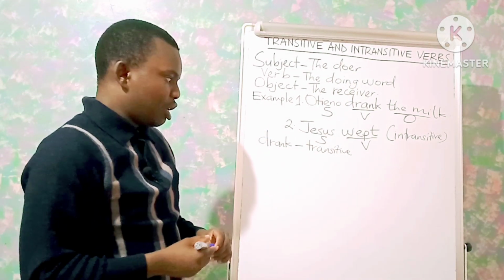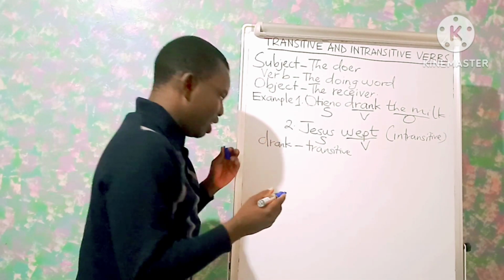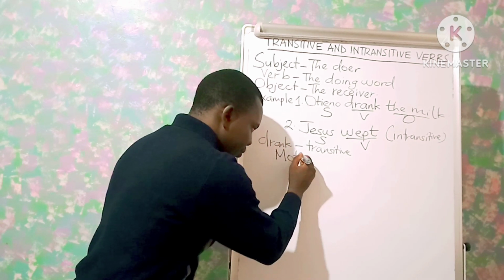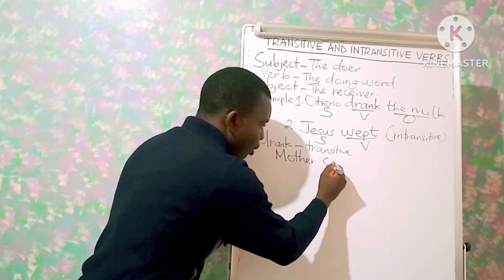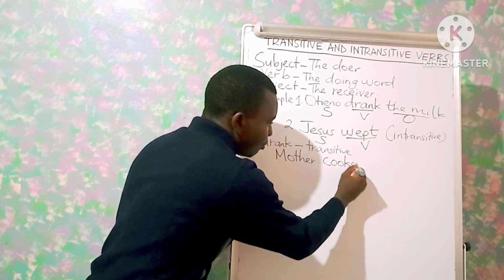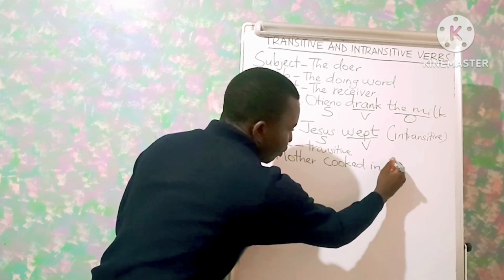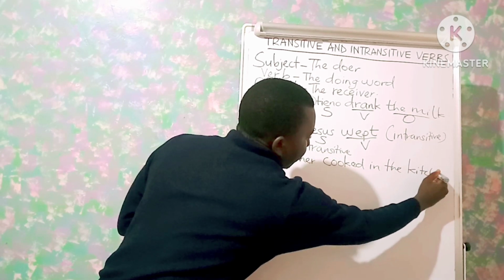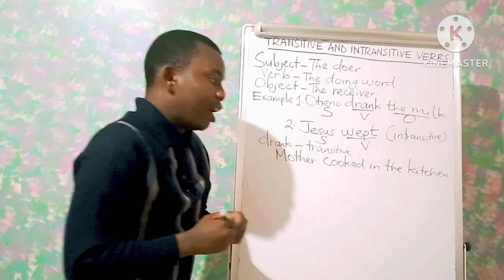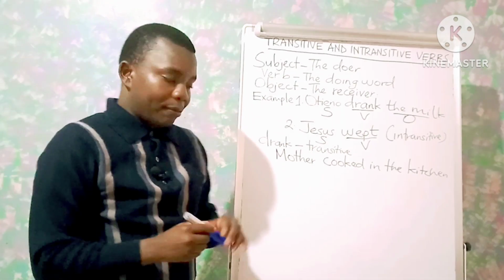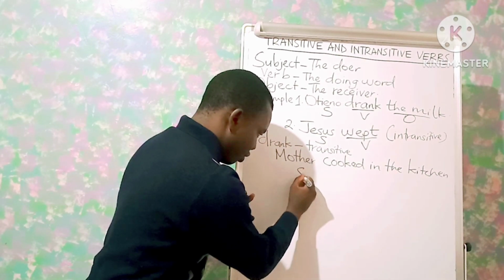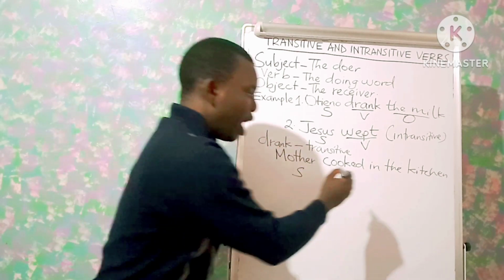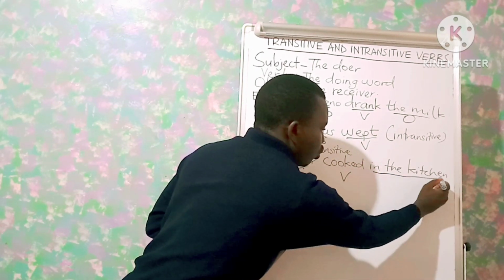Like, for instance, consider this sentence. Mother cooked in the kitchen. Mother cooked in the kitchen. So mother is really the subject, cooked is the verb, and then we have in the kitchen.